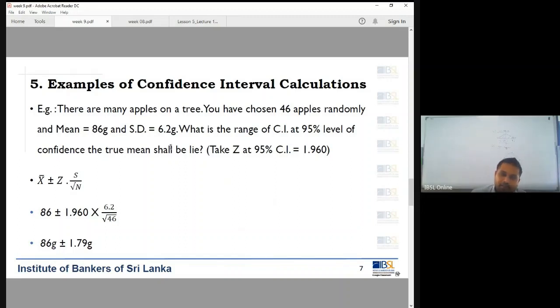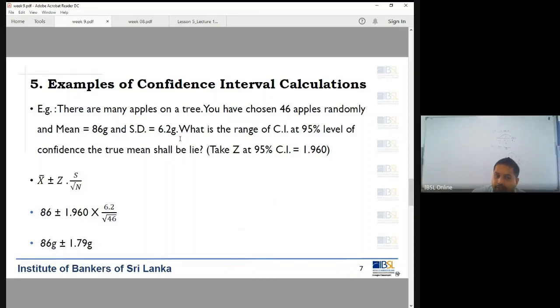Just a refresher. The question asks, what is the range of confidence interval at 95% level of confidence the true mean shall be? Now, similar to our previous discussion on heights in centimeters, these are apples with grams.